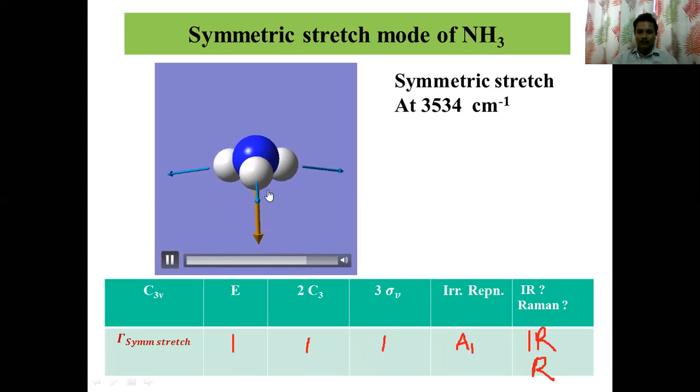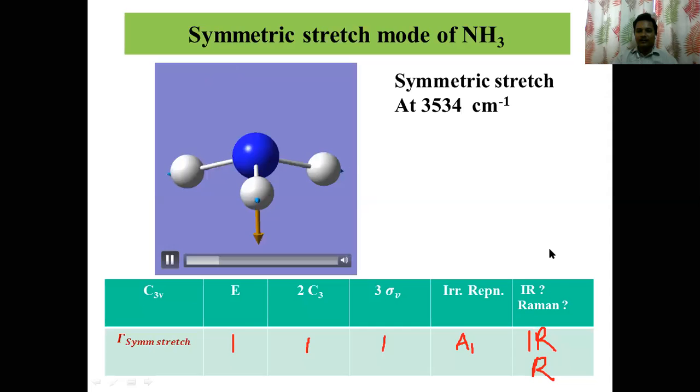So it goes along this, similar to what we had for the symmetric bending. So I really don't need to rewrite it again, and of course it's going to be both IR and Raman active, right?